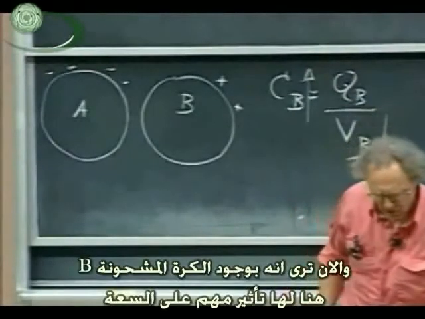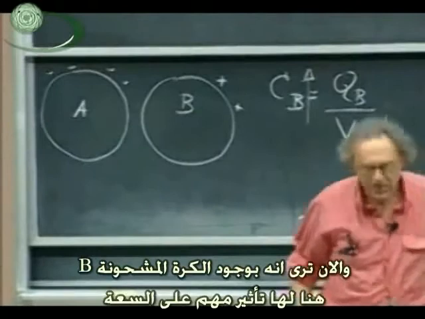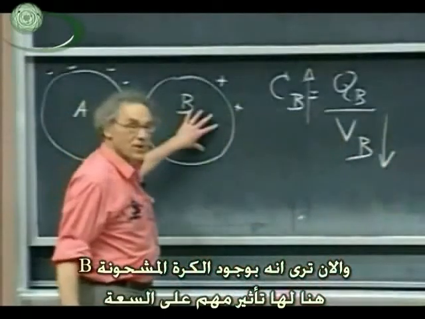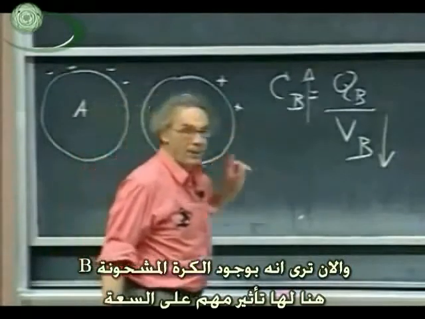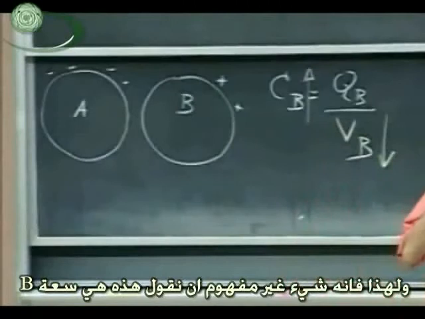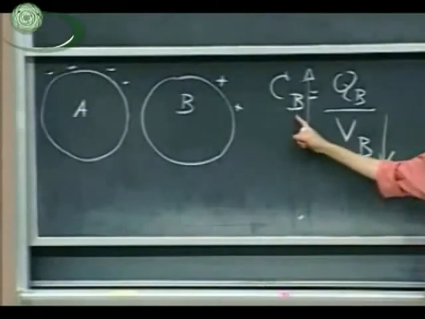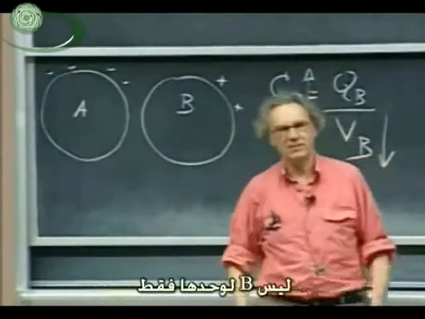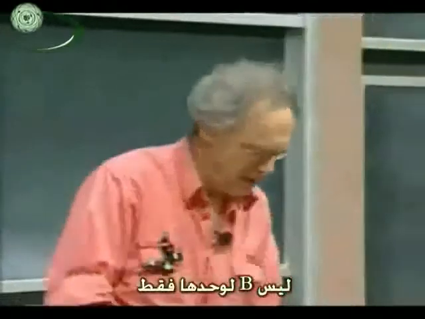And so now you see that the presence of this charged sphere here has an important impact on the capacitance of B, and therefore it is really unfair to call this the capacitance of B. We think of it as the capacitance of B in the presence of A. So it's no longer just B alone.